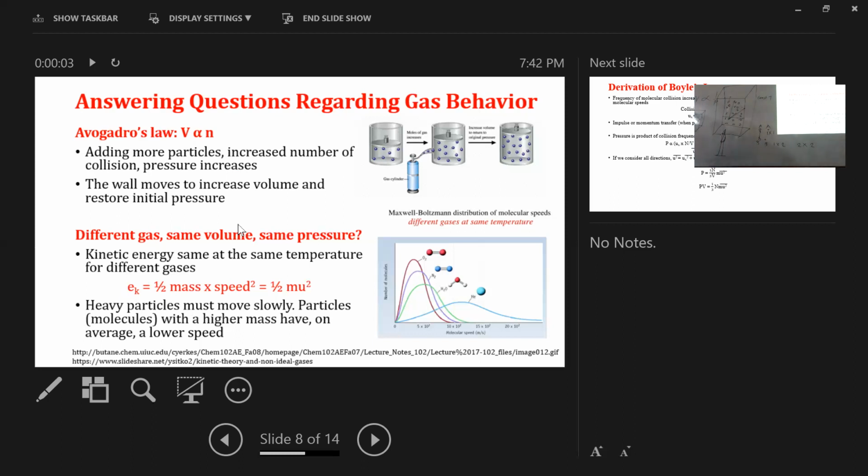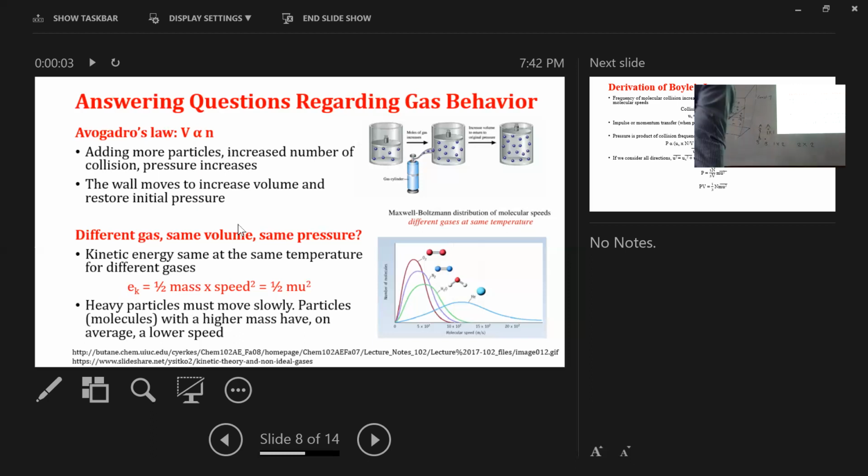If you put oxygen gas, carbon dioxide gas, nitrogen gas inside the same container, and keep the temperature of the system constant, then the kinetic energy of all the gas molecules will be the same.